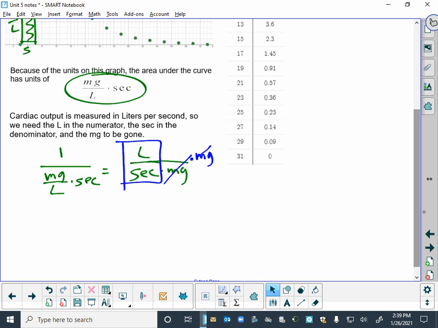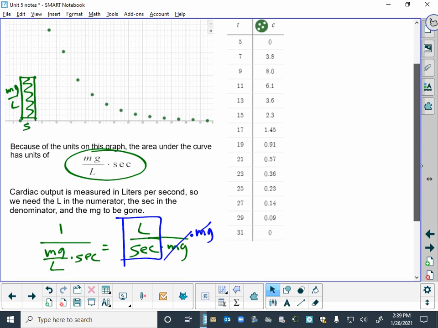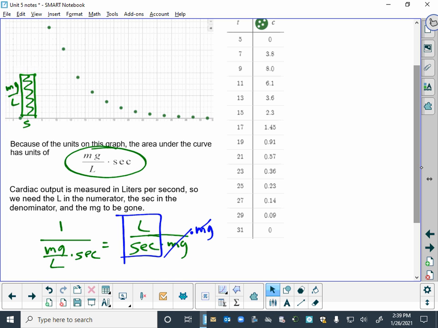Okay, this concentration in our graph started at 0 and it ends at 0, so the blood would have processed all of the dye at that point. It goes through the system pretty quickly.